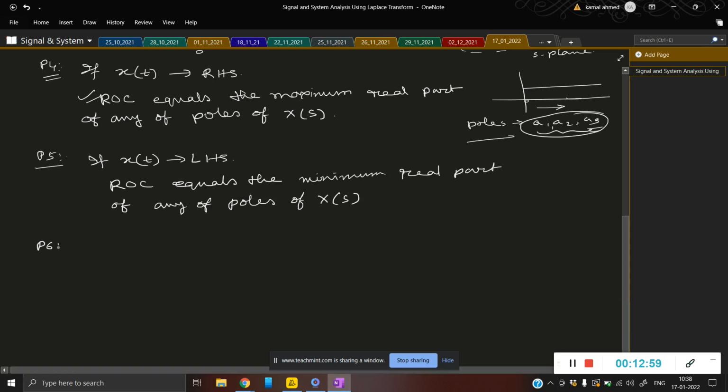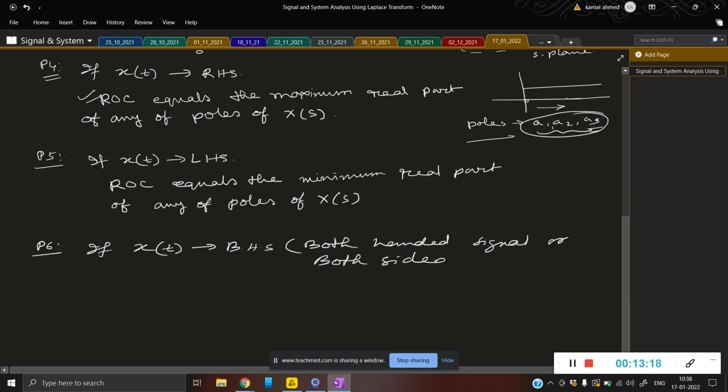Now last, property 6: if x of t is a both-handed signal, or both-sided signal, then what to do? Just combine both of these.